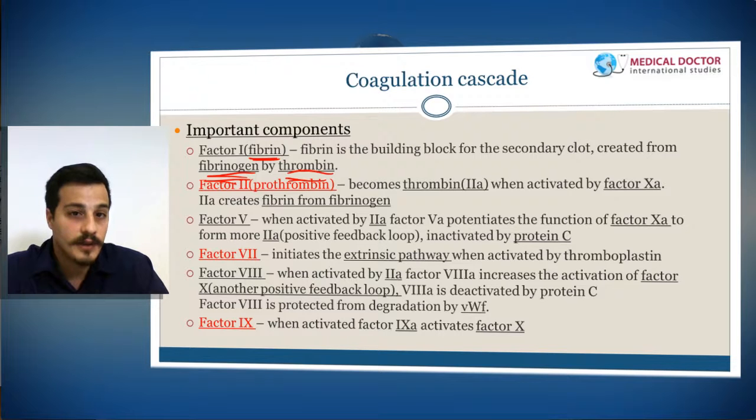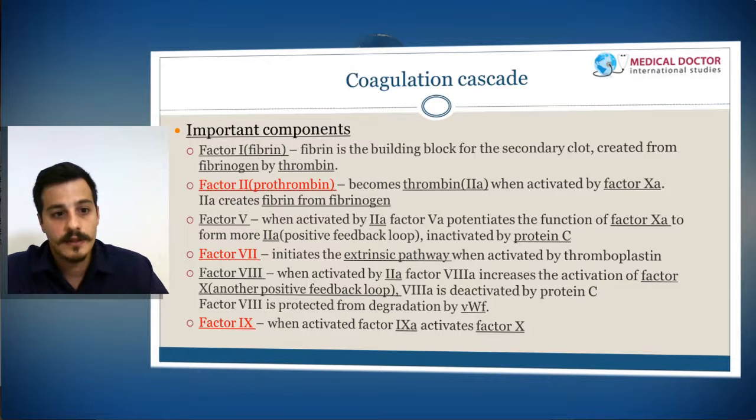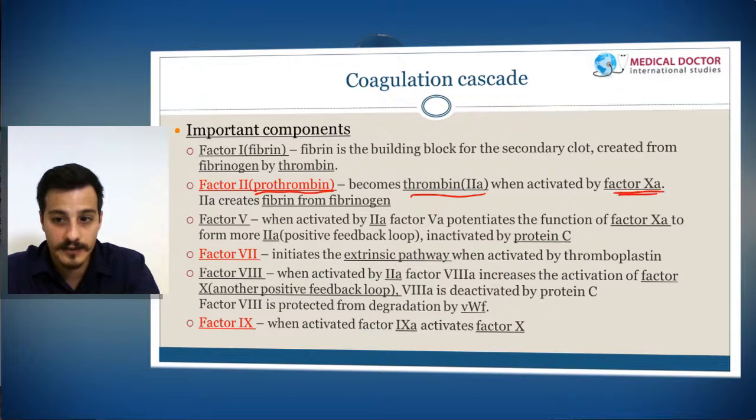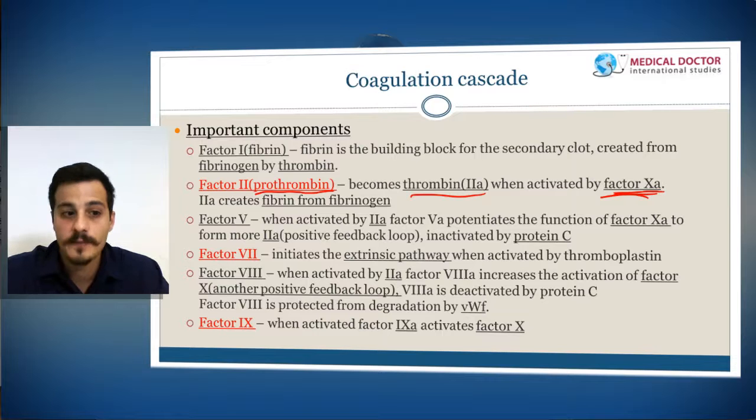Now, thrombin, as you're going to see in a moment, is just activated factor 2. So, factor 2, or prothrombin, becomes thrombin when it is activated by activated factor 10. And as we've just said a moment ago, thrombin is going to create fibrin from fibrinogen.